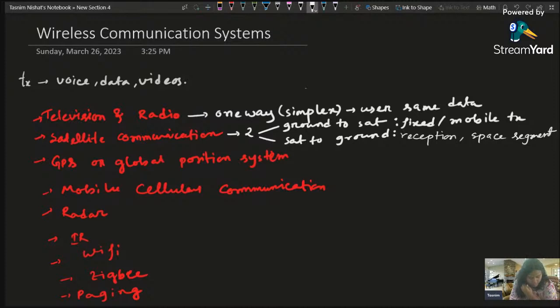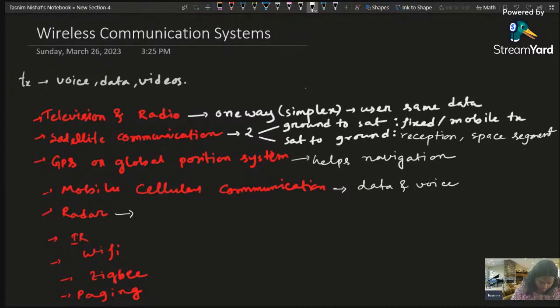Now we have GPS or global positioning system. This helps in navigation. Mobile cellular system, data and voice for larger segments. Radar, EM, which helps to track or locate.